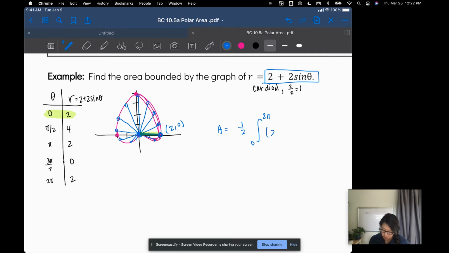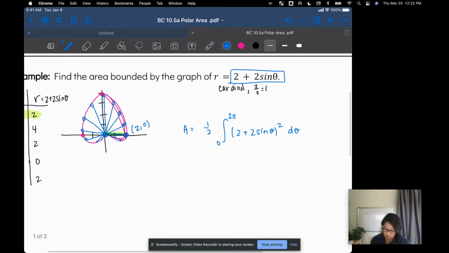So I'm going to do 2 plus 2 sine theta, all squared, d theta. And then I take out my handy dandy calculator and I get area is equal to 18.849 or rounded 18.850, which I also know is equal to 6 pi.